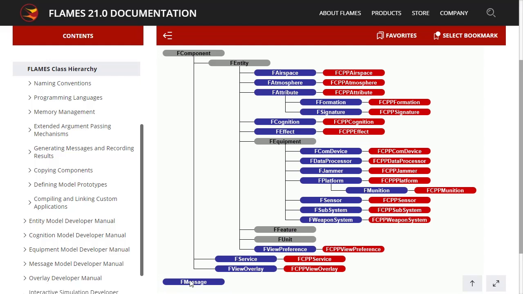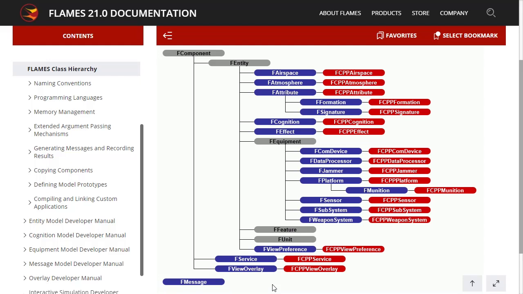The message model is actually so simple that it's not inherited by entity. There's no user interface for it, but in Flames, communication is a really big deal. We put a lot of work into, and have a lot of support for, modeling communications explicitly. Classes that inherit the F message class are classes that contain the content of messages that are sent between units, and they're sent by communication devices.